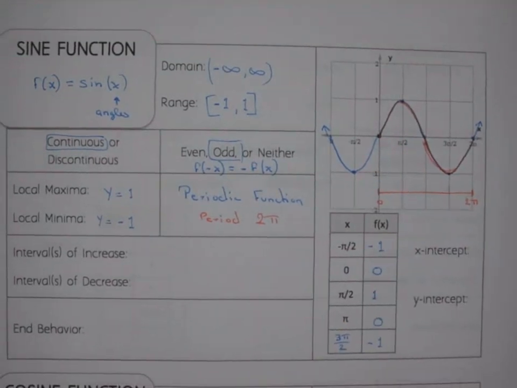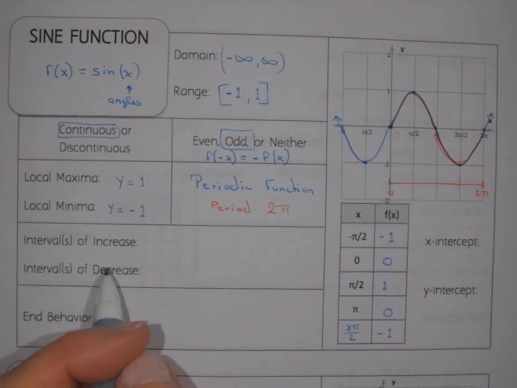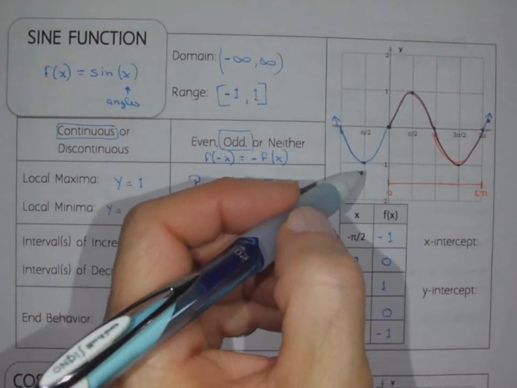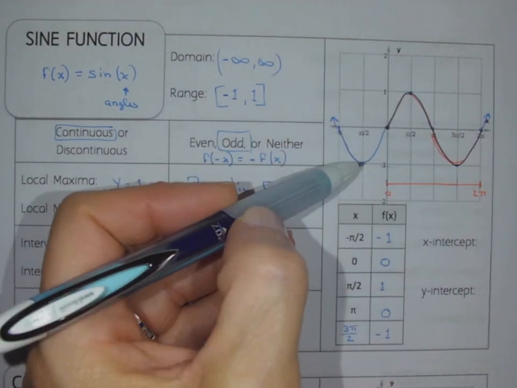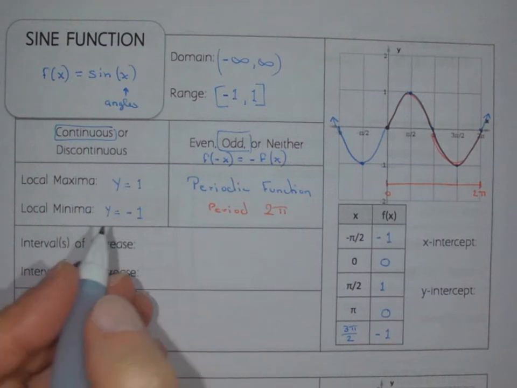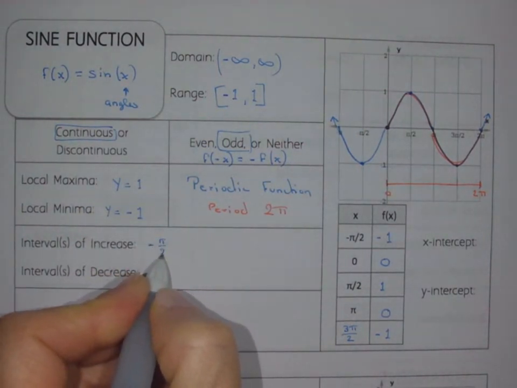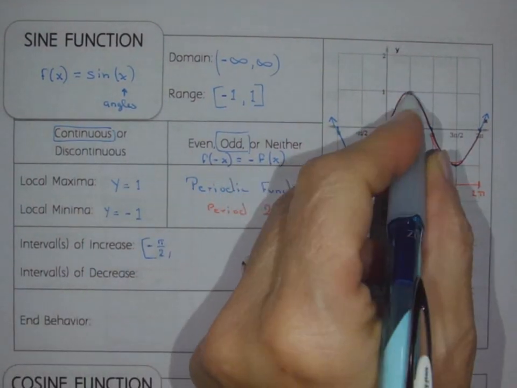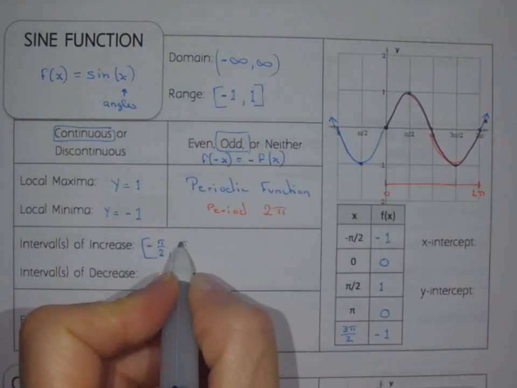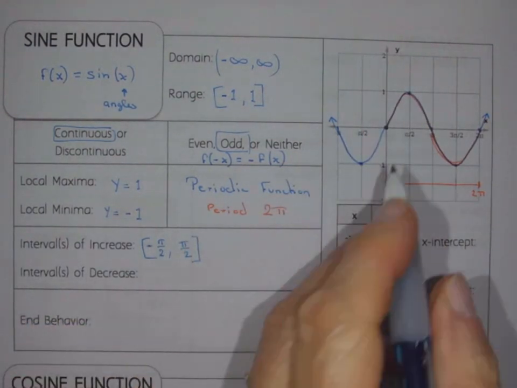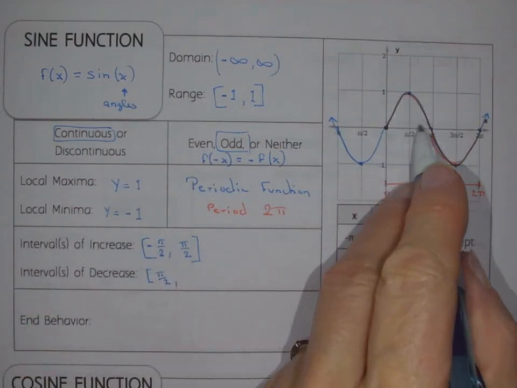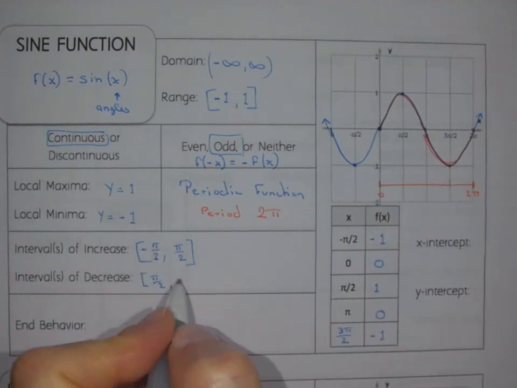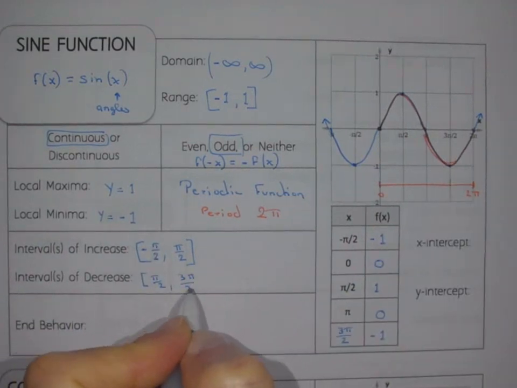Interval of increase, well, okay. It's going to be increasing from the minimum to the maximum, right? So from here, for example, -pi/2 all the way to pi/2. And then after that, it starts decreasing, right? So I'm going down here, decreasing from pi/2 all the way to 3 pi/2, and then it repeats.